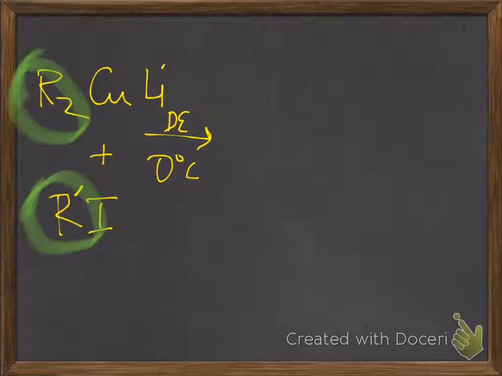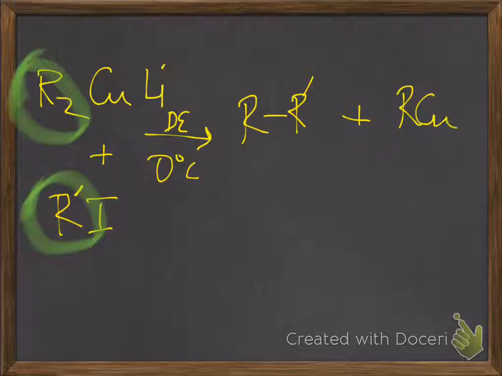And so what you're going to get is this. R R prime plus, and you still get an RCu, which could be used if you have additional organolithium reagent. It can be used again.